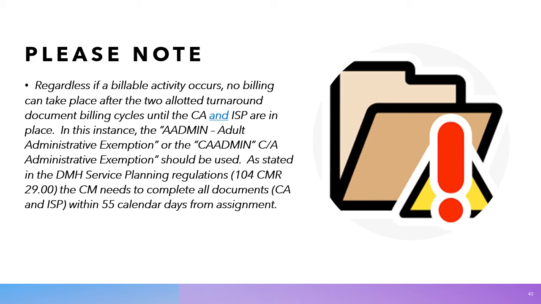Regardless if a billable activity occurs, no billing can take place after the 2 allotted turnaround document billing cycles until the comprehensive assessment and ISP are in place. In this instance, the adult administrative exemption or the child adolescent administrative exemption should be used.